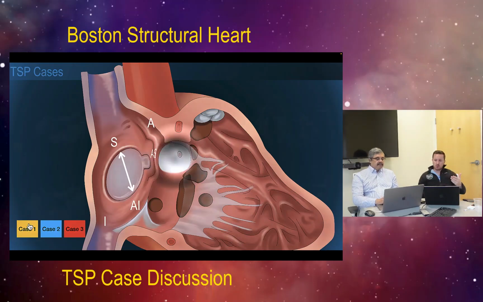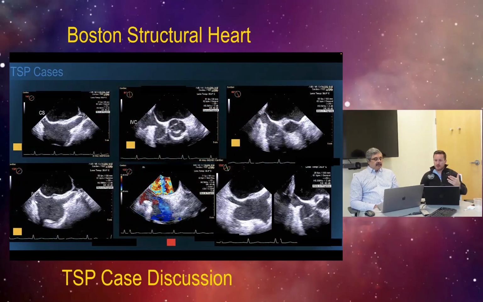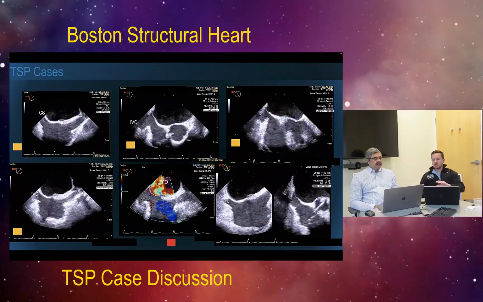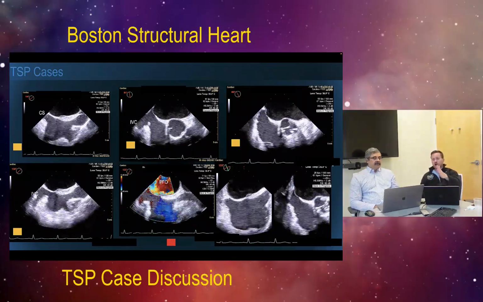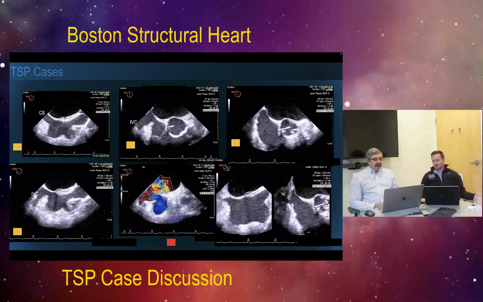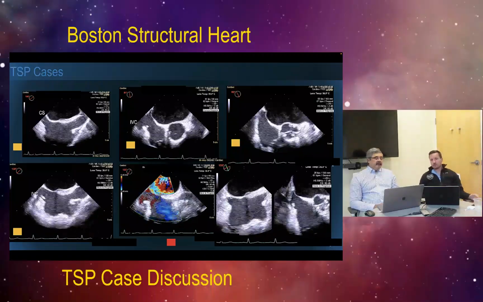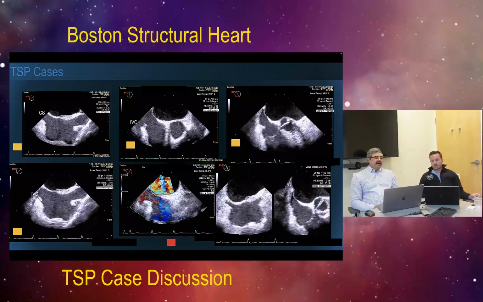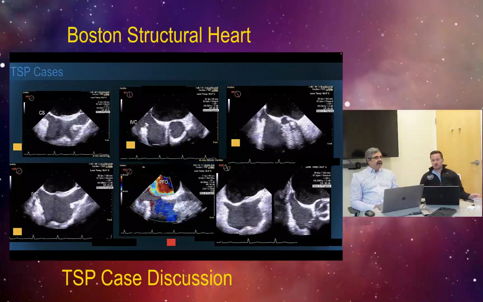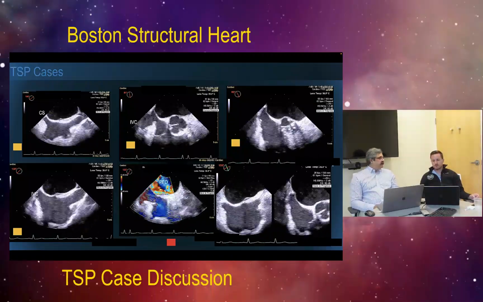So, another question for Rose is, on your previous images, the bicaval window that you've shown, how do you differentiate, or what trick do you use to differentiate between the coronary sinus and the IVC? That's a great question. One of the most important things, the two anatomical structures that I keep in mind, number one is the septal leaflet of the tricuspid valve, and the other is the eustachian valve.